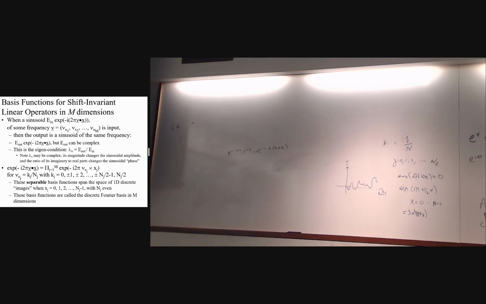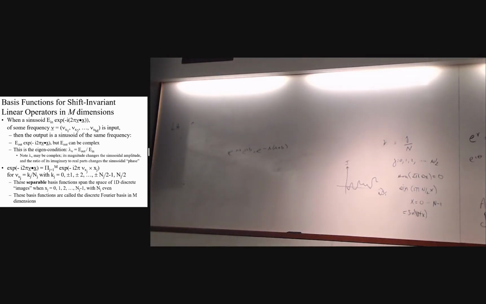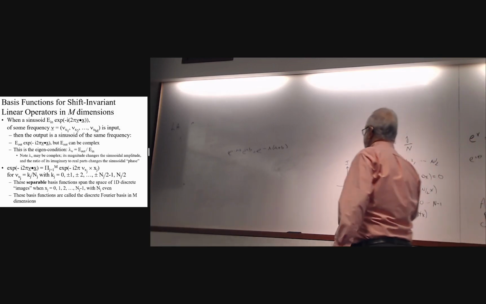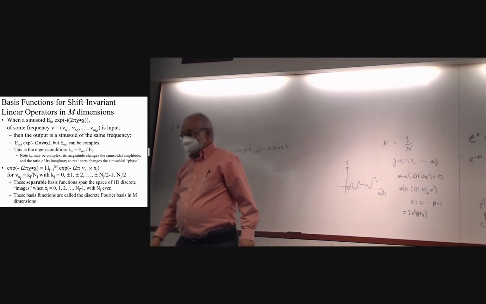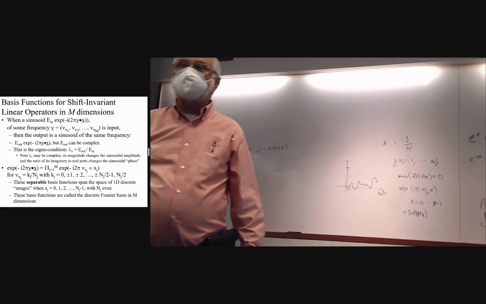When you multiply two exponentials together, the product of the two produces something that is a single exponential with the exponents added.